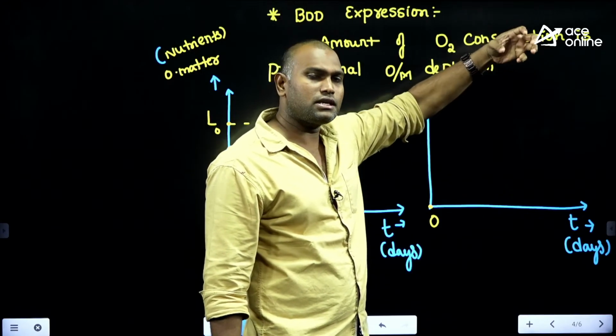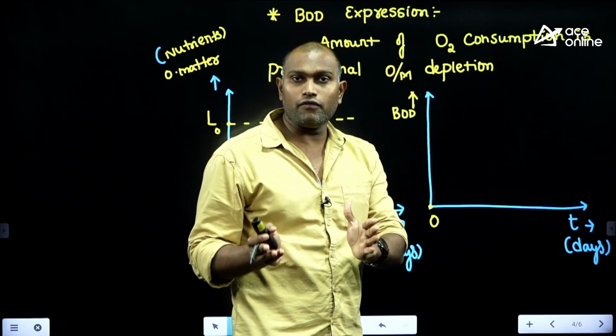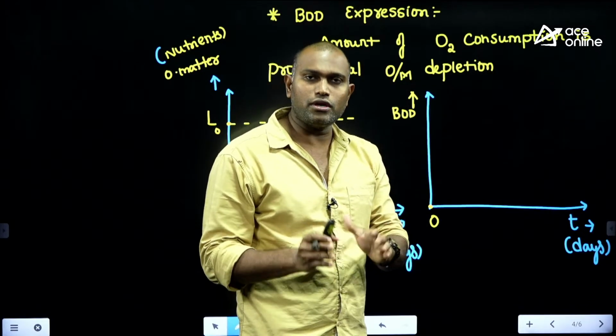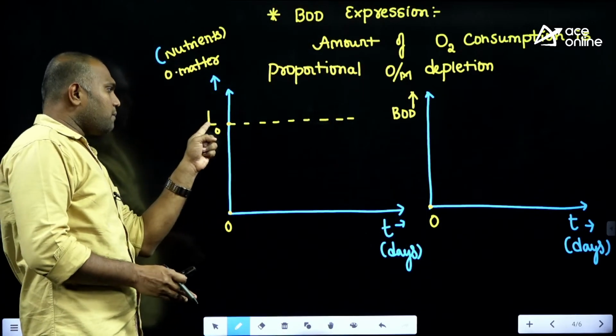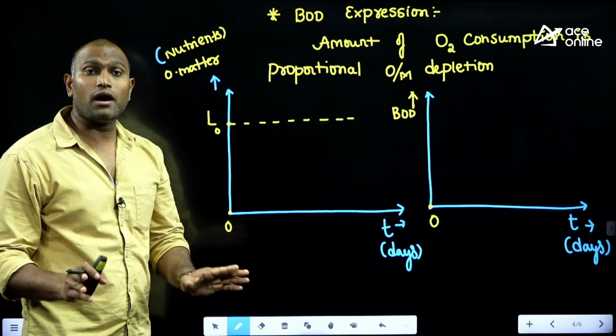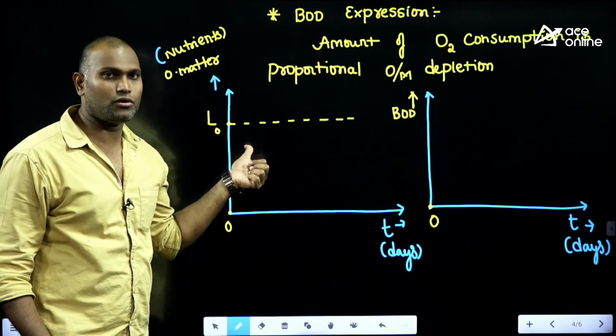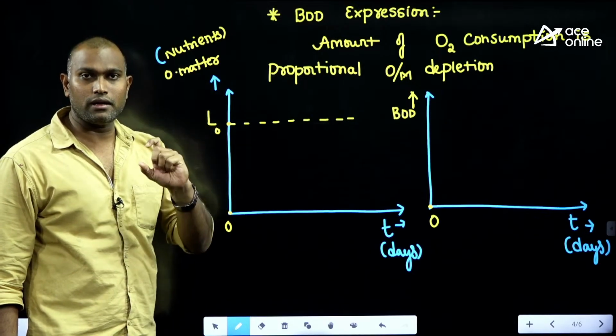Who consumes? Oxygen consumption by the bacteria. So what is BOD? The amount of oxygen consumed or utilized by the bacteria. If the bacteria want to decompose this much organic matter, what is the amount of oxygen it requires? That much only. That we are going to call ultimate BOD.